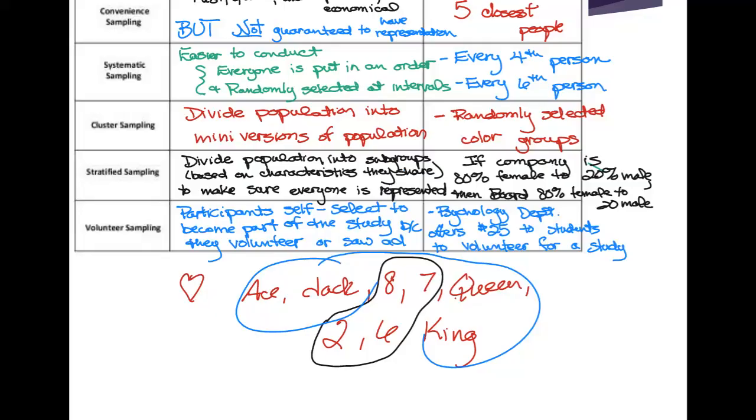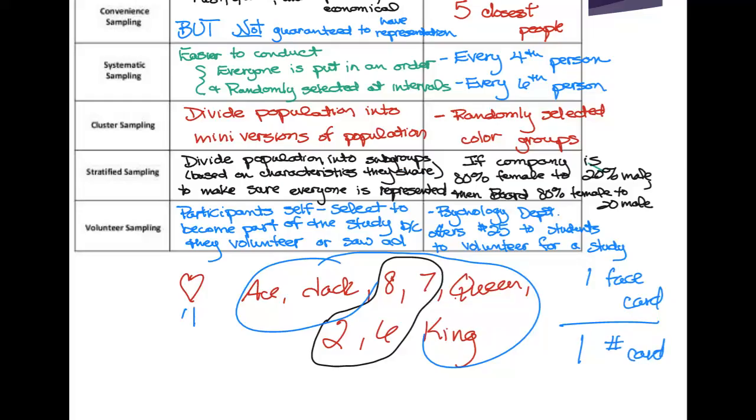We had a lot of these. And then if I were to take a sample, I would have to have a ratio of, for every 1 face card, I would also have to have 1 number card.